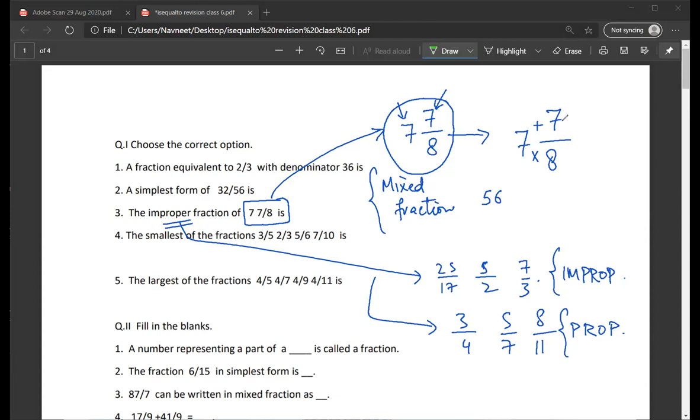I need to add 7 to 56. Mr. Sarthak, the answer would be 63 upon 8. Mr. Satya, have you understood? Yes, sir.